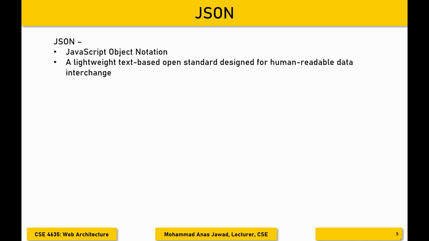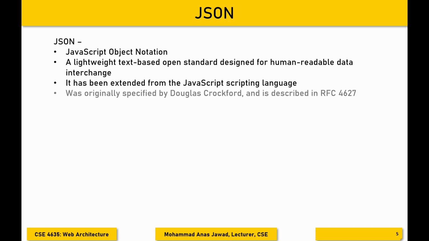What that essentially means is JSON is self-describing, which means that it can easily be understood by anyone reading it, and since it contains data in a very well-structured format, it can easily be interpreted by any modern programming language, like JavaScript, Java, C++, and so on. It is essentially an extension of the JavaScript language, as we shall see when we look at the syntax of JSON. It was originally specified by Douglas Crockford and is described in RFC 4627.